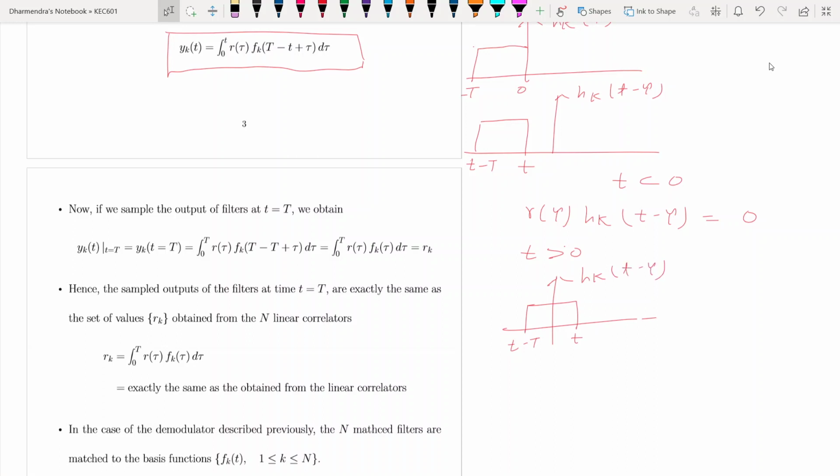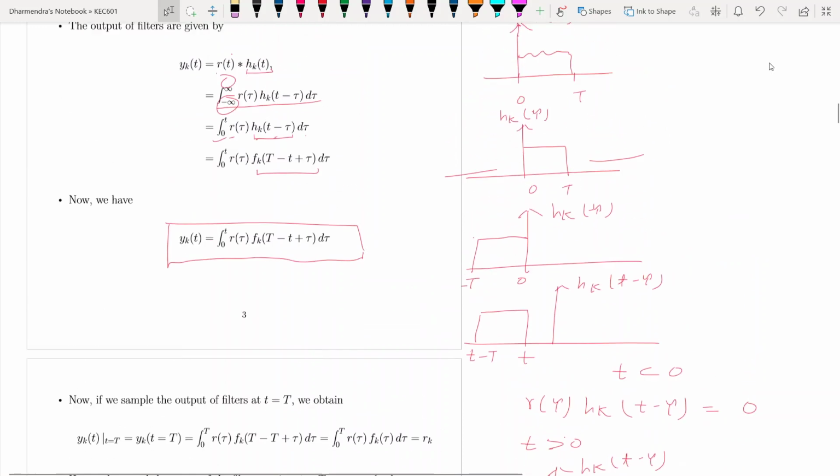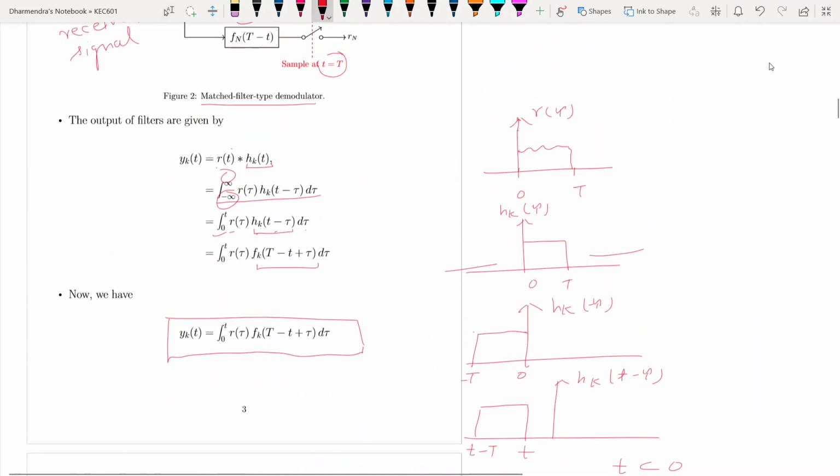So I have to integrate r tau with h k of t minus tau, which is non-zero in the interval where tau lies between 0 to T. That's why we are writing this.